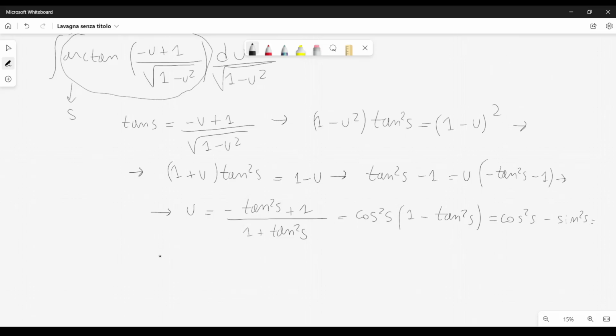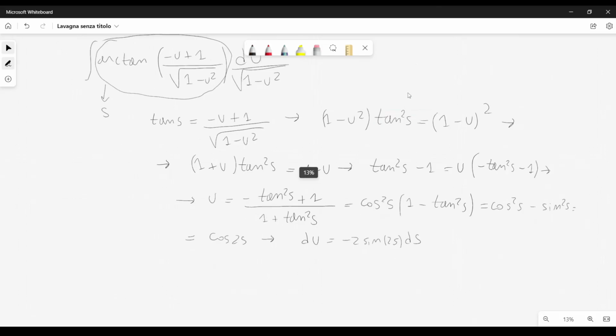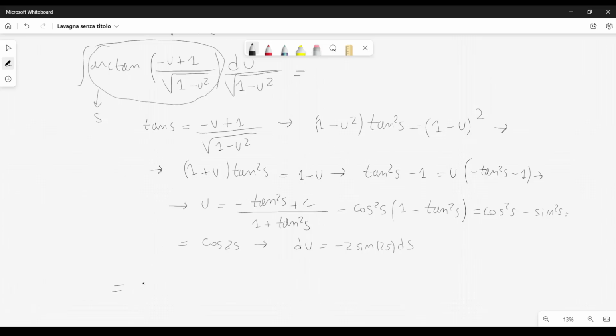But this difference is just the cosine of 2s, if you remember your trigonometry, and therefore du will be equal to minus 2 sine of 2s ds, and the integral above is equal to the integral of s times minus 2 sine of 2s, and then we divide by the square root of 1 minus u squared, which is the square root of 1 minus cosine squared of 2s ds.